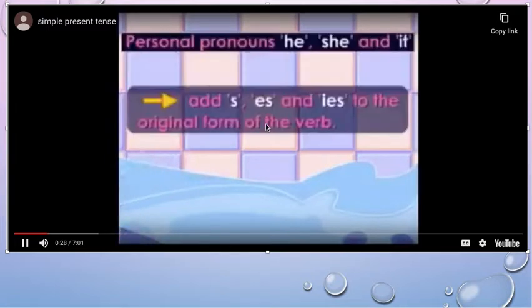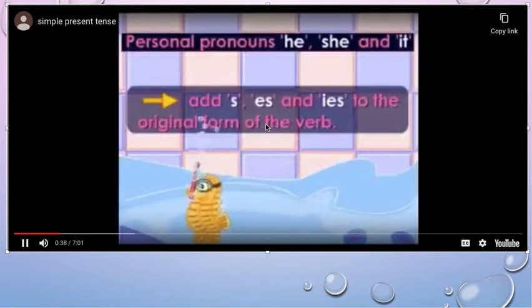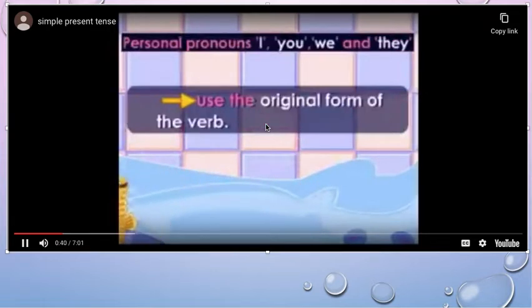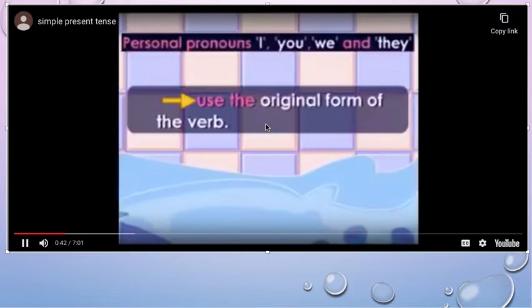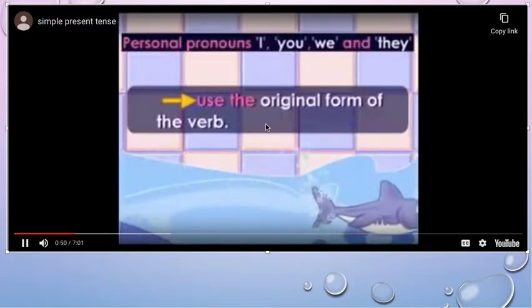For personal pronouns he, she, and it, we add s, es, and ies to the original form of the verb. For personal pronouns I, you, we, and they, we use the original form of the verb. Let us move on to understand simple present tense better.